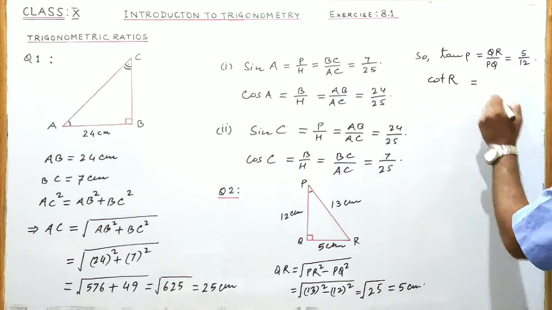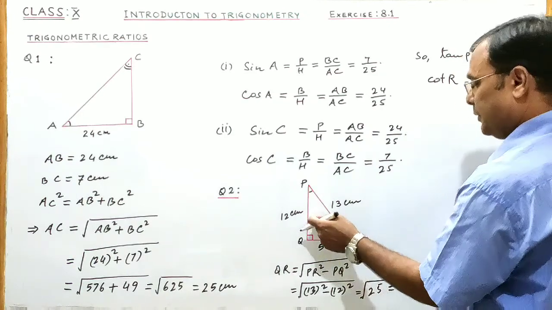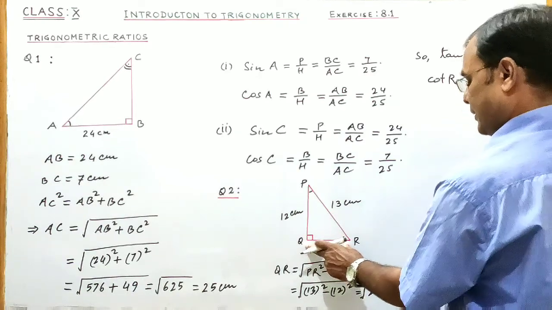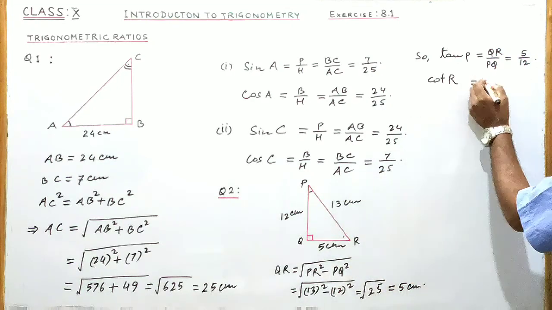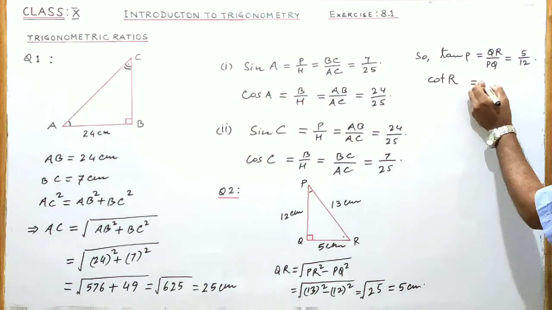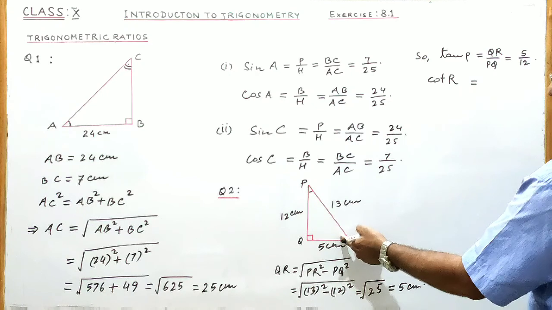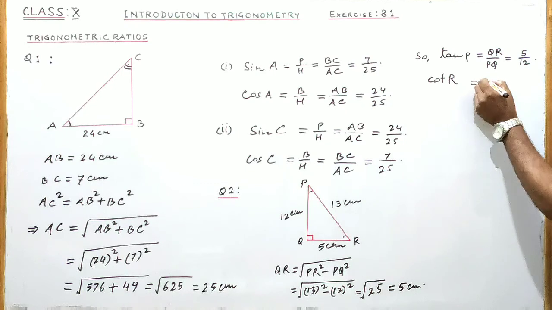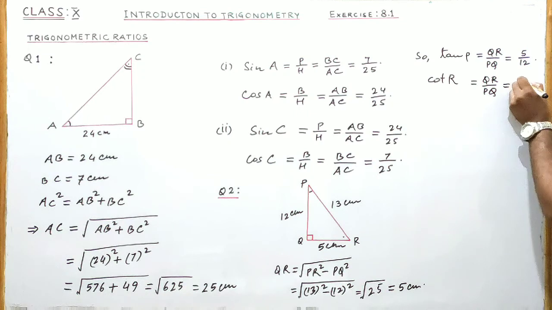and cot of acute angle R. Now for this acute angle R, opposite side PQ is perpendicular and adjacent side QR is base of the triangle. So cot is defined base by perpendicular. So cot R will be QR by PQ, and this is 5 by 12.